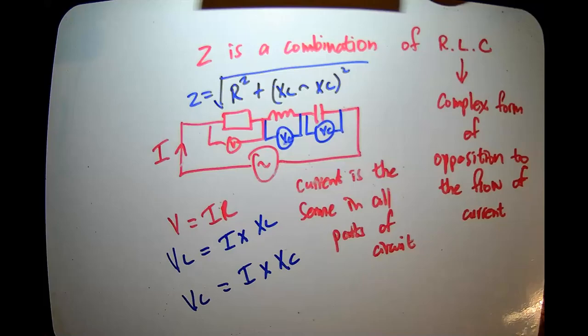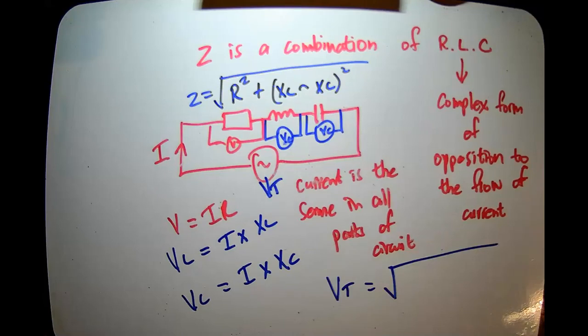So once you have the current in an RLC circuit, you can easily find the volt drops across all three components. Do note, you cannot add those three voltages up, VR, VL, and VC, and get the supply voltage. Remember, it will be Pythagoras theorem.